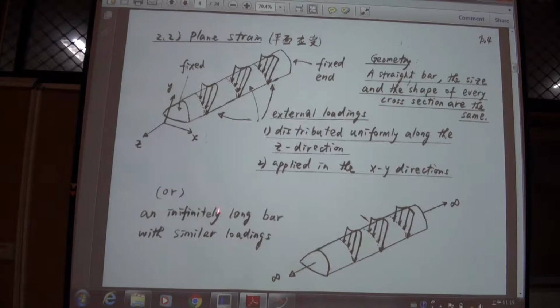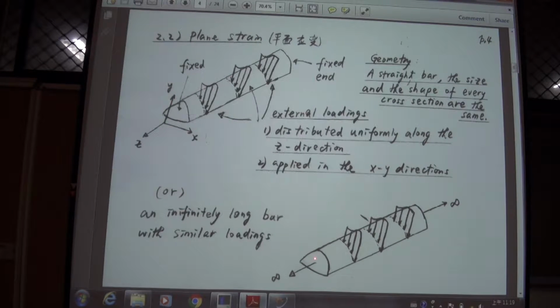If the bar is not of finite length, but of infinite length, then the ends of the bar must be fixed too, because it is infinitely long.